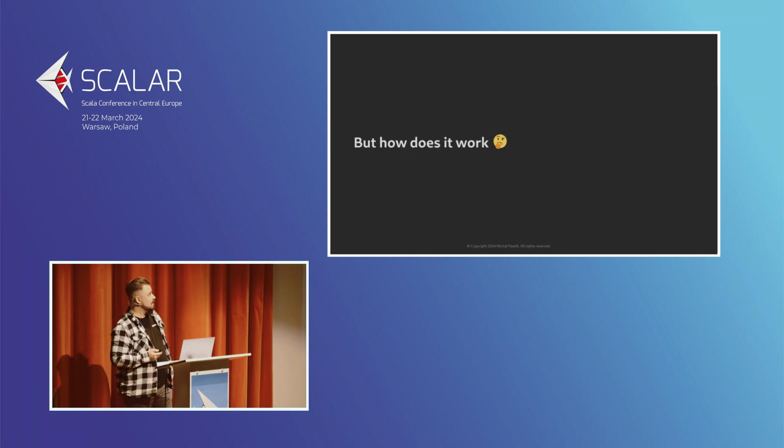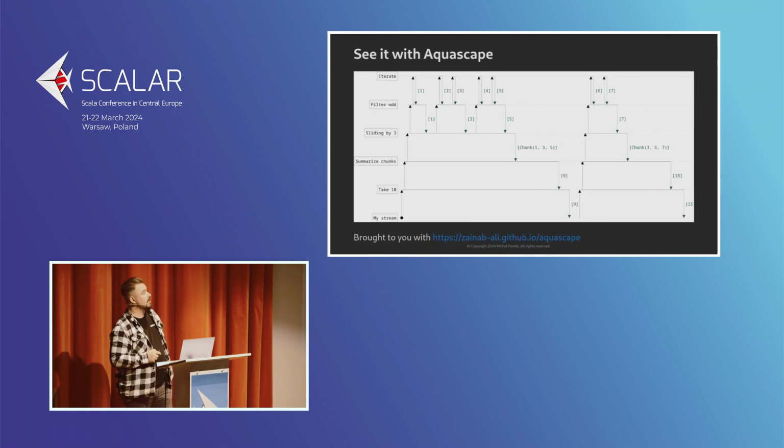So there is a plug of a great library, Aquascape. Shout out to Zainab. And let's see how the execution model works. We have a stream, and you will notice that on the bottom we have the very last thing that we called. On the top there is this iterate, the very first thing that we did. So let's move from left to right.